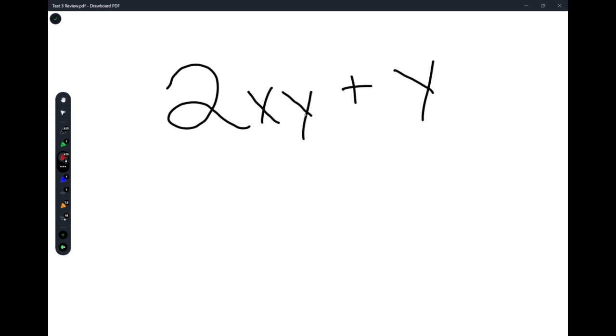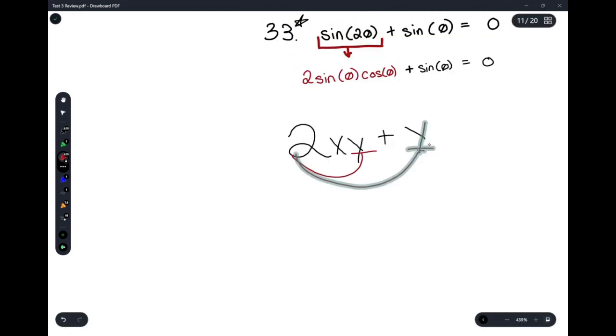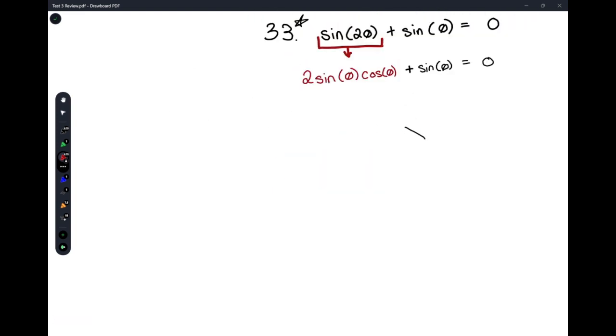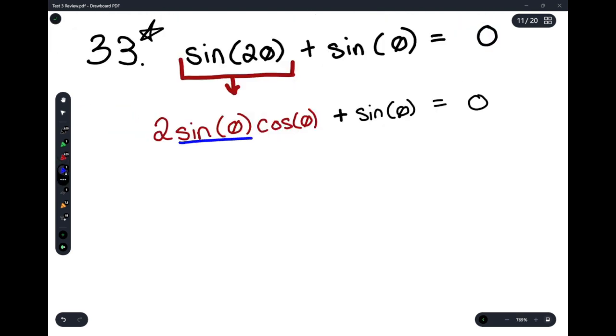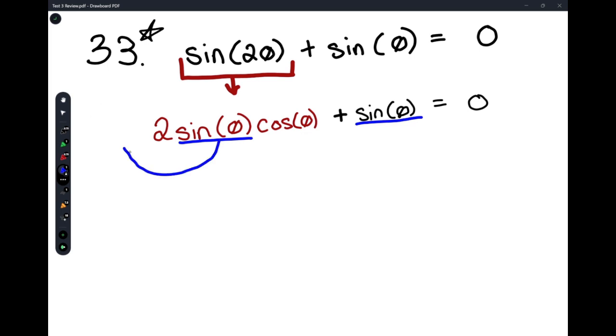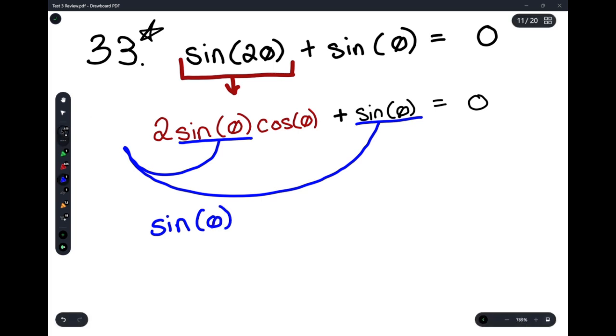So what can we factor out here? Sine. No, he's saying that you can't do that.